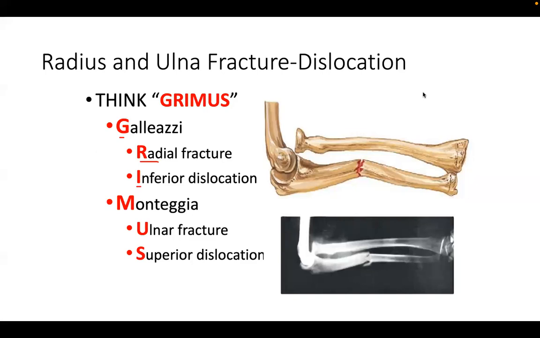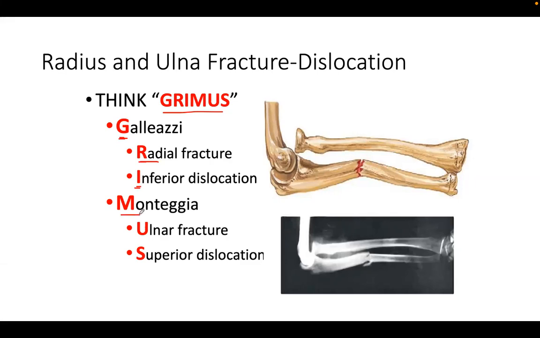What about an ulnar fracture and a superior dislocation of the radius? That is now a Monteggia's fracture. Just memorize this mnemonic, GRIMUS. G for Galeazzi, RI, radial fracture, inferior dislocation.